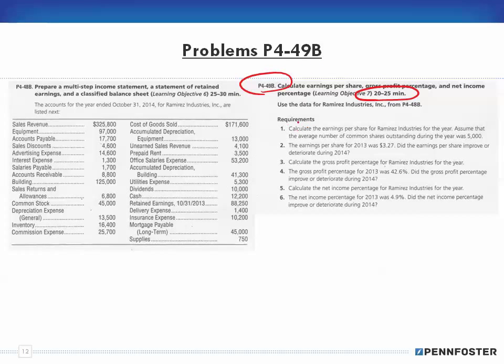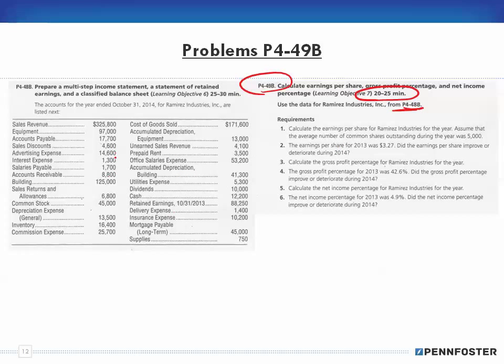So this is 4-49, and it says use the data for the problem from 4-48B. So this is all of the data. When I created the presentation, I didn't look at what the homework problems are about, so I just copied and pasted this to the slide.